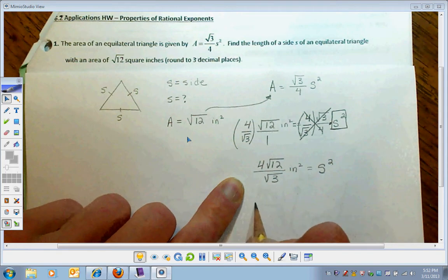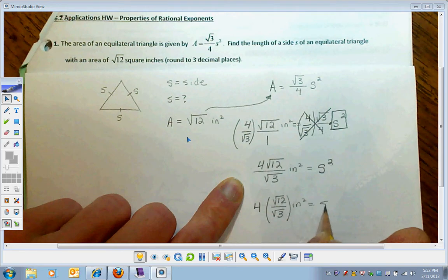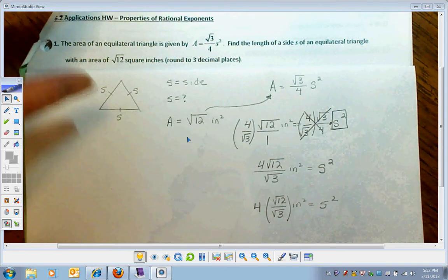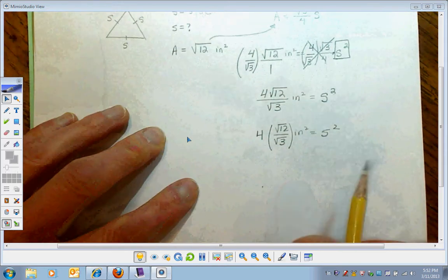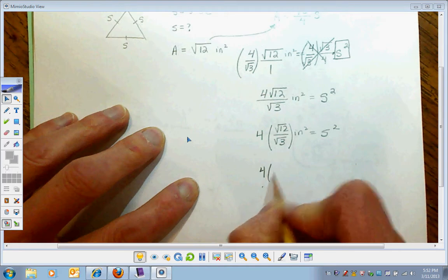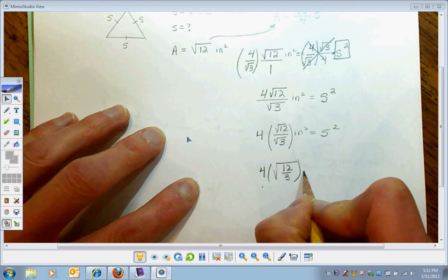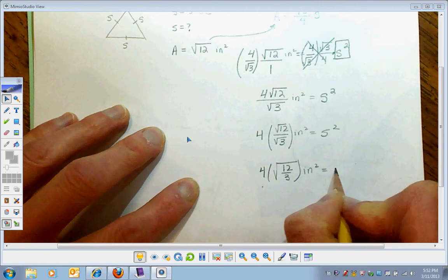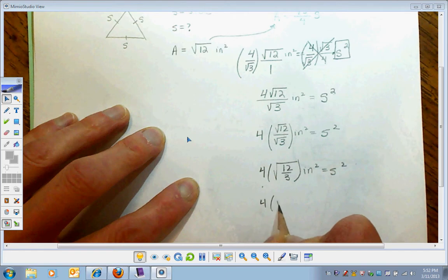So this is the same as 4 times the square root of 12 over the square root of 3. Because these are both the same radical, this is the same as 4 times the square root of 12 divided by 3, which is the same as 4 times the square root of, well, 12 divided by 3 is 4.